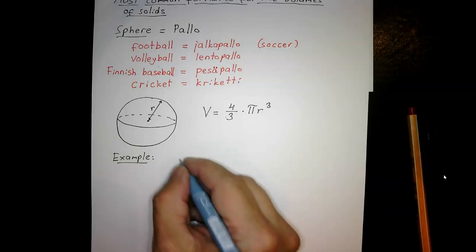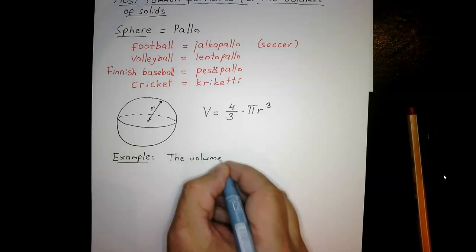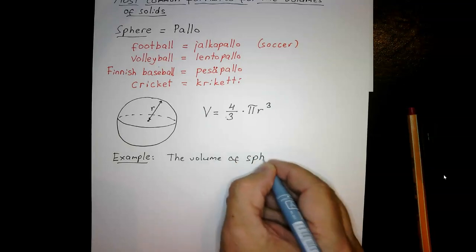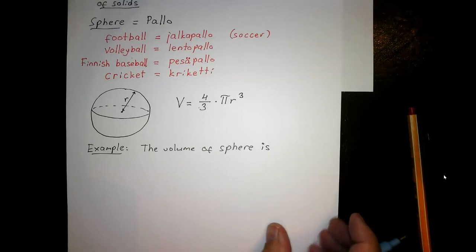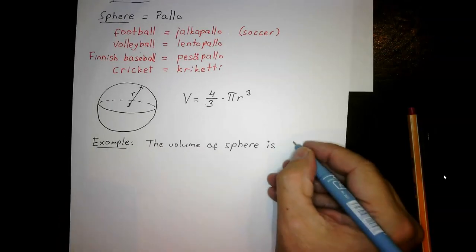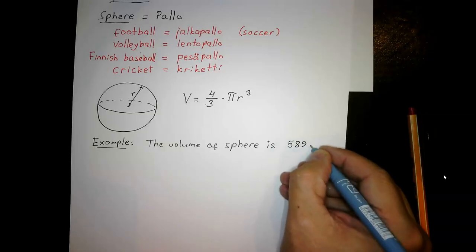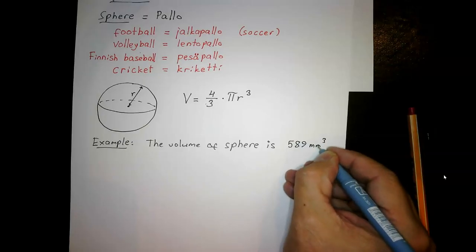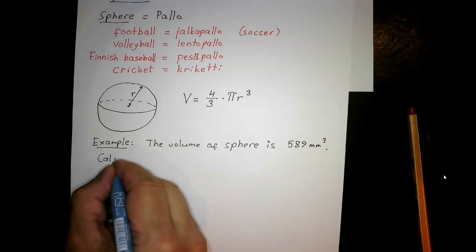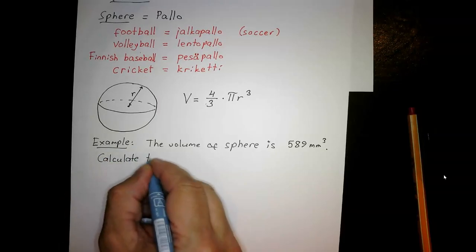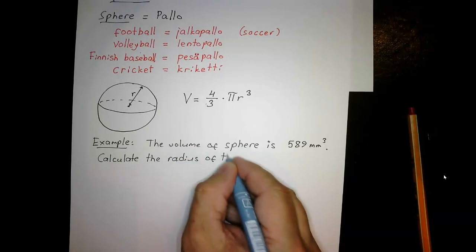We know that the volume of the sphere is 589 cubic millimeters. Calculate the radius of the sphere.